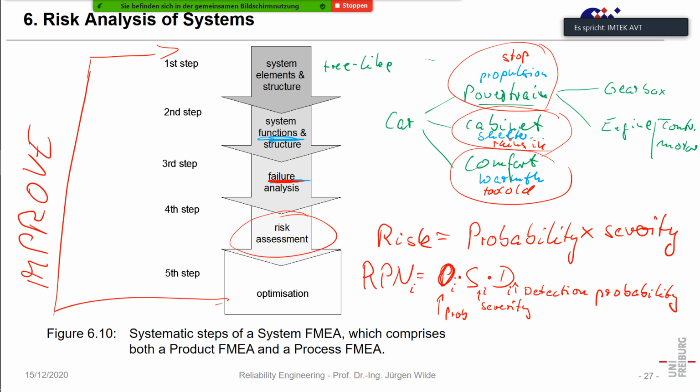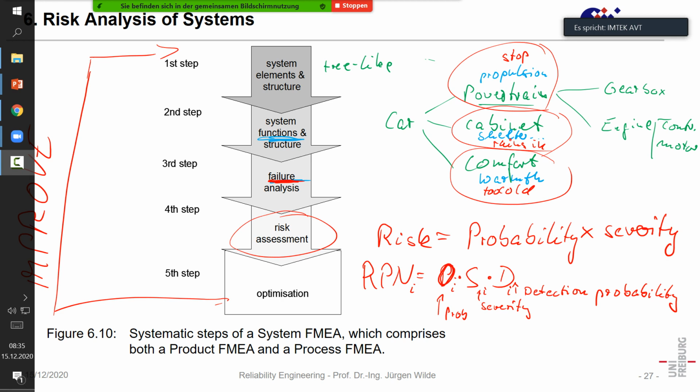And then each failure is assessed with the risk priority number. RPN is built from the occurrence probability of the failure, the severity of the failure result, and then we also have the detection probability, which gives us information if the cause of such a failure could be detected.